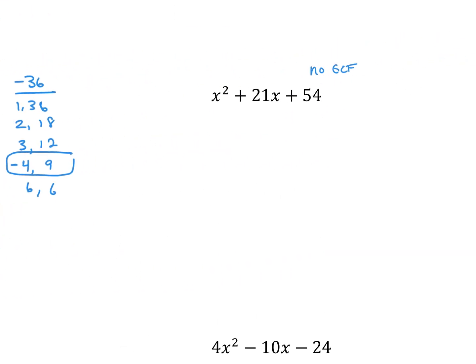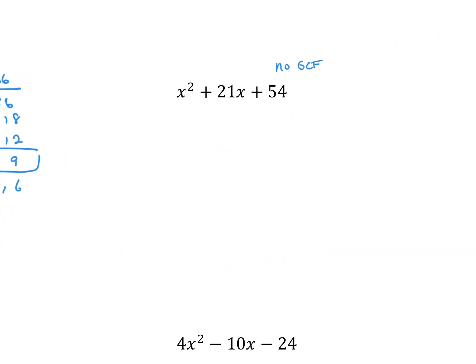All right, so let's come back to this. Factors of c, which is 54, that add up to b, 21. So your factors of 54 are 1 and 54, 2 and 27. And as you're going along, you might get to a point where you see the factors, and you don't even have to list all of them.